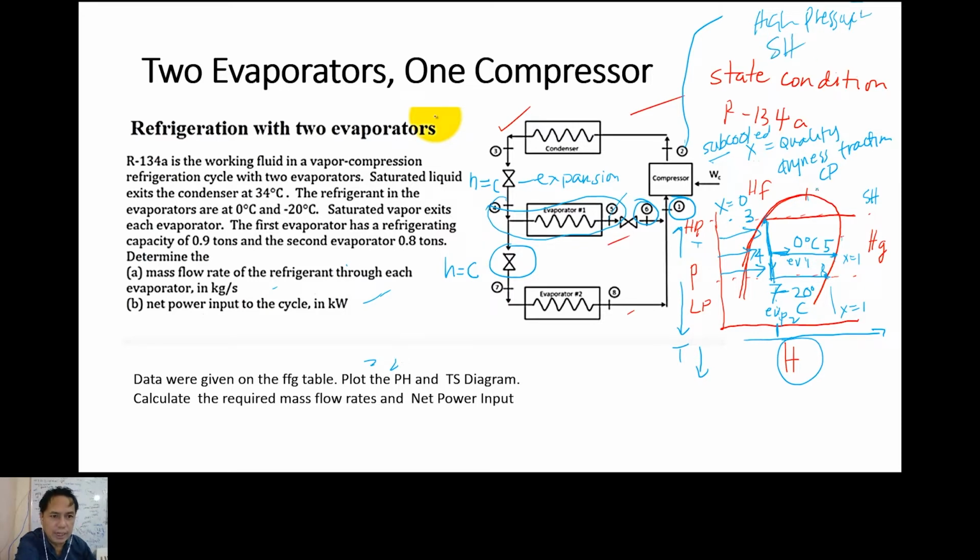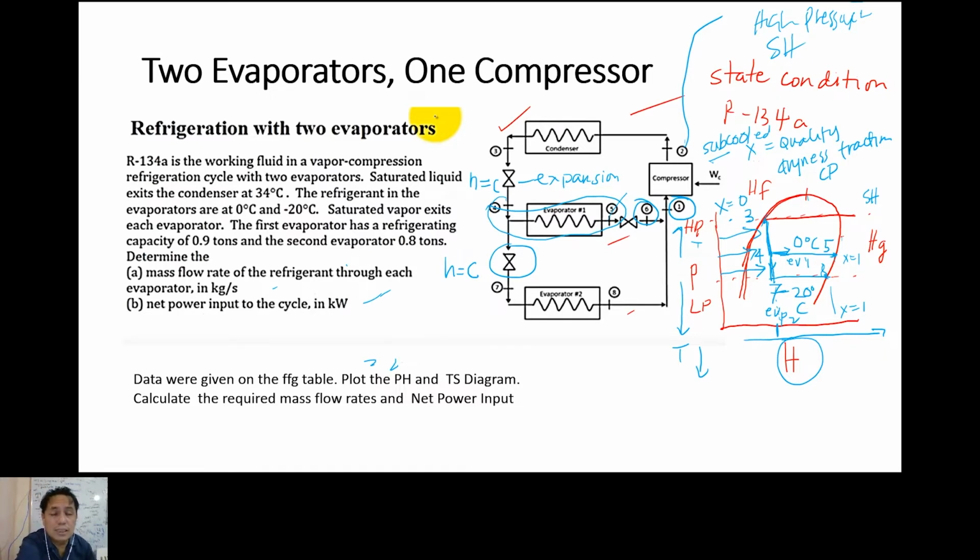How do we know it is superheat? Because it is beyond the saturated vapor line. Before it enters the condenser, it is really superheated because there's an extra amount of energy transferred to the refrigerant, the work of compression. Once it compresses the refrigerant, the temperature also becomes high.